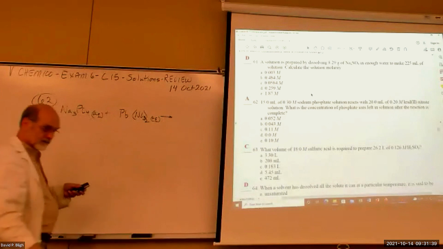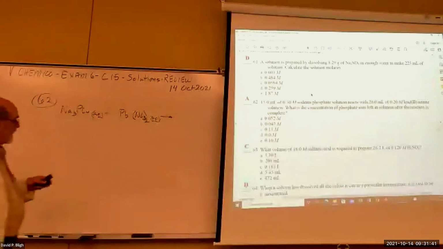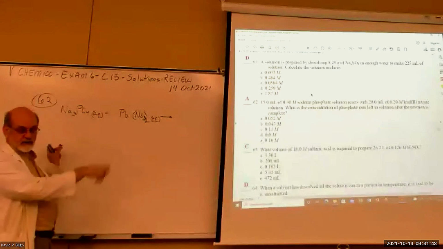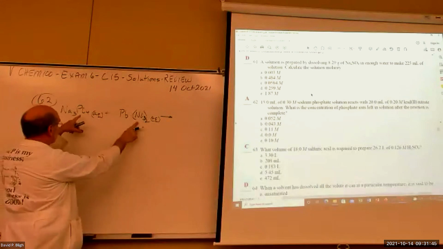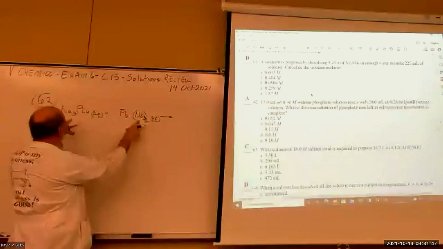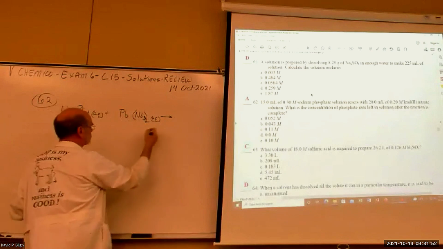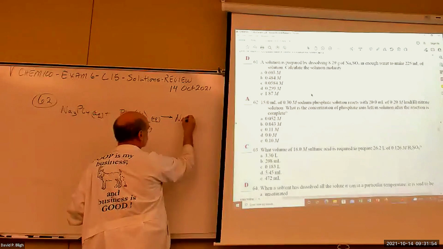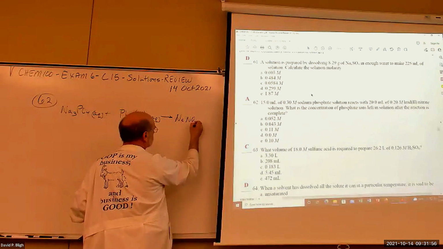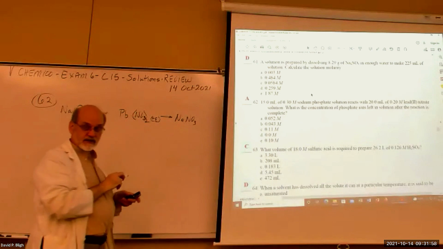So what does it yield? All right, you just double replace it, swap your ions. Nitrate with sodium and phosphate with lead. Sodium nitrate, you'll see from your chart, is completely soluble.